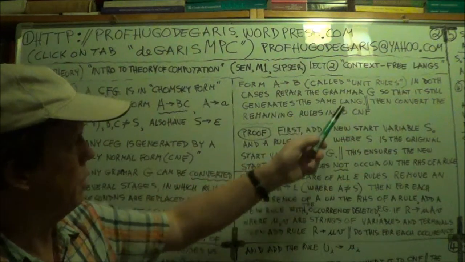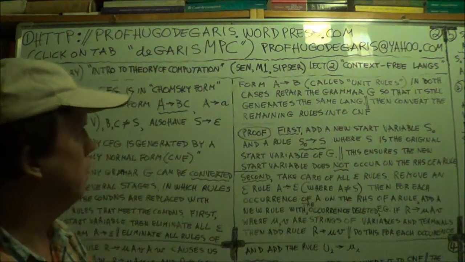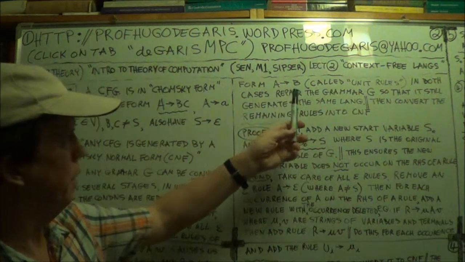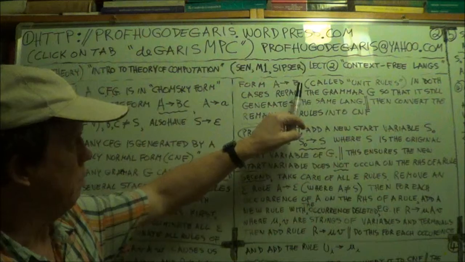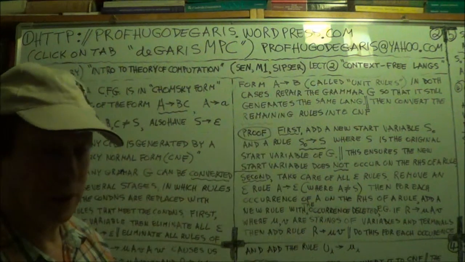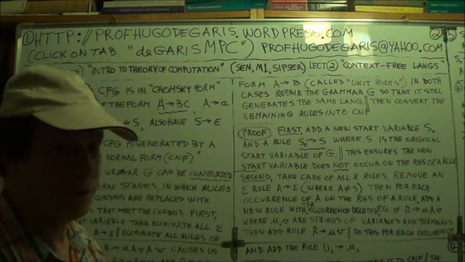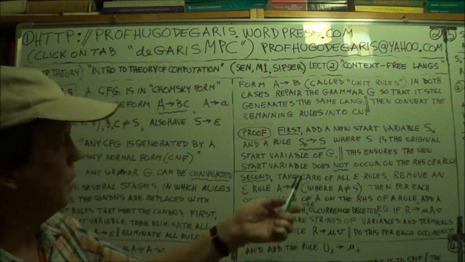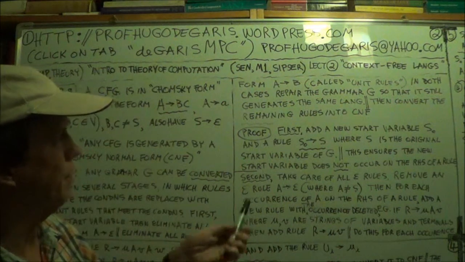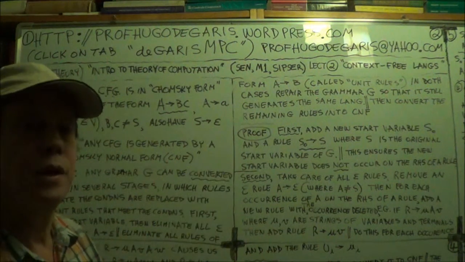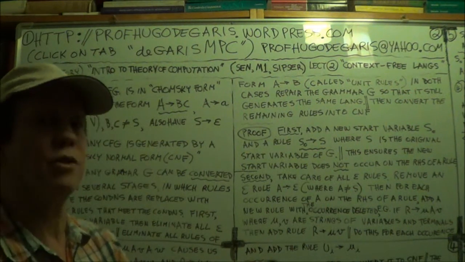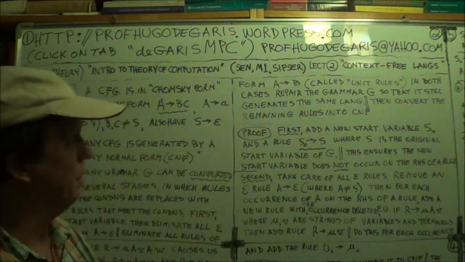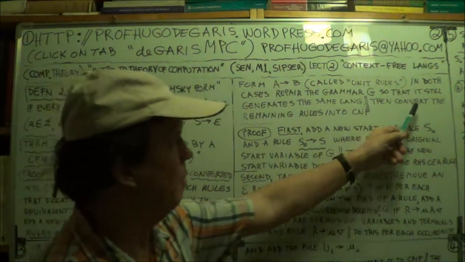Once you've thrown out the unit rules, then step 4 deals with the remaining rules. For example, on the right-hand side, you might have 3 variables or 4 variables, and so on. You'll see next session how to convert those rules, and you'll usually add several new rules that are equivalent to the rules that remain.